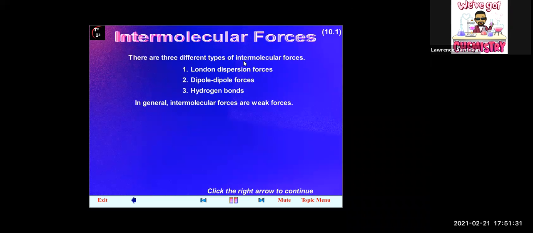All right, to chip in here, let's look at a day-to-day example of inter and intramolecular forces. Let's consider a relationship.